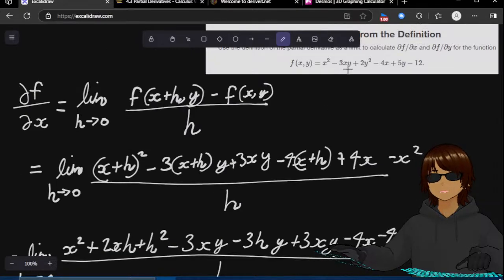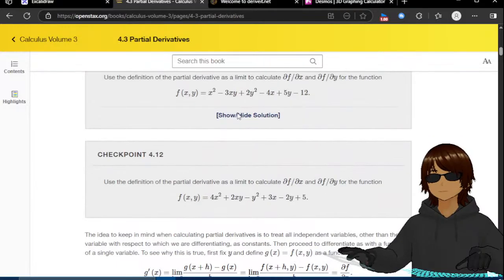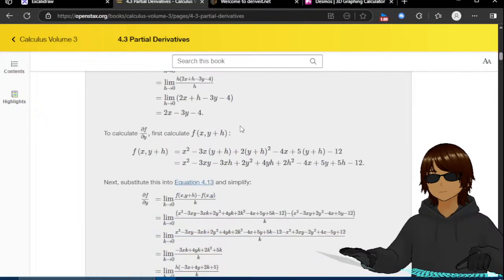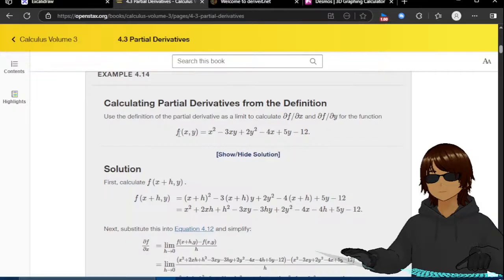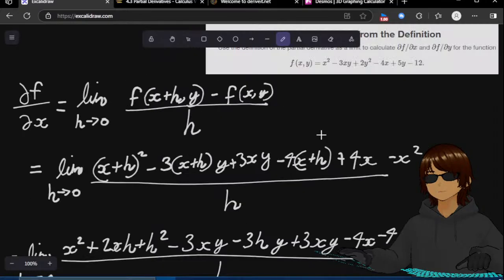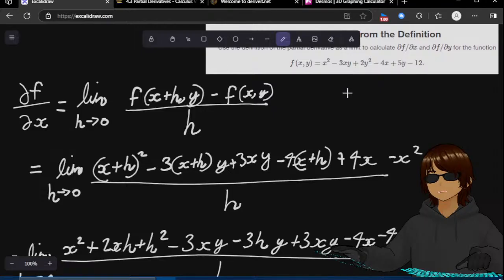Okay, so I was confused mainly about this part. So I'm going to guess what happens with respect to y. You're going to have, wait, I forgot to add plus 2y squared.